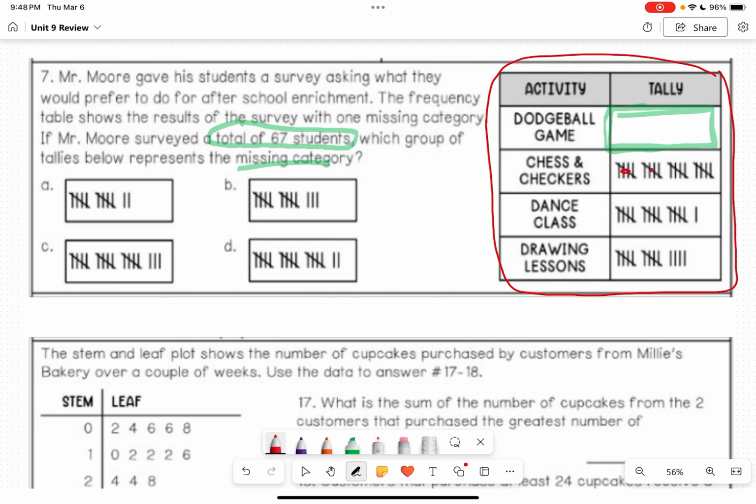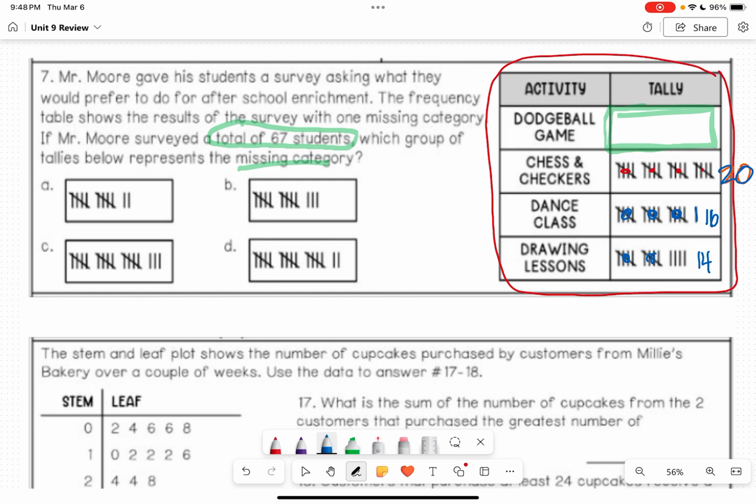This is 5, 10, 15, 20. So write a 20. Okay. All right, next one is 5, 10, 15, 16. This is 16. Drawing lessons is 5, 10, and that is 14.